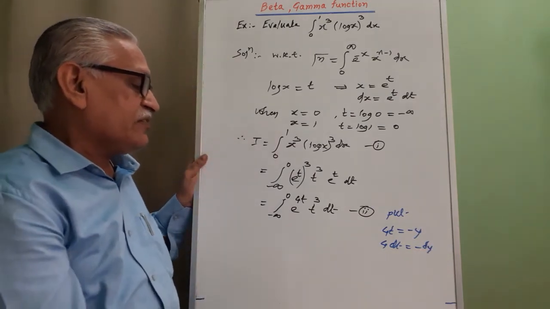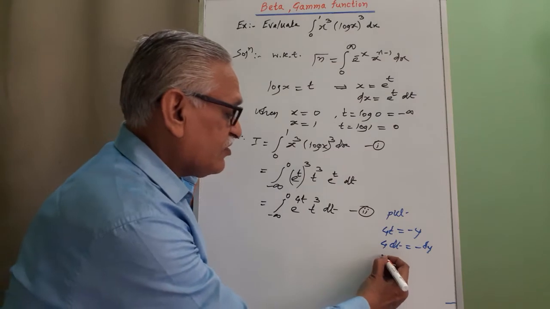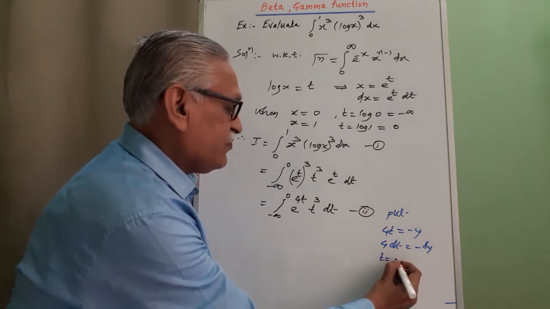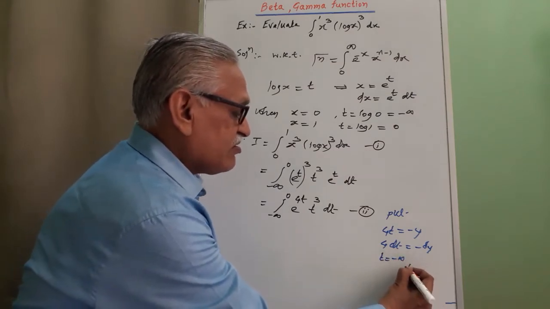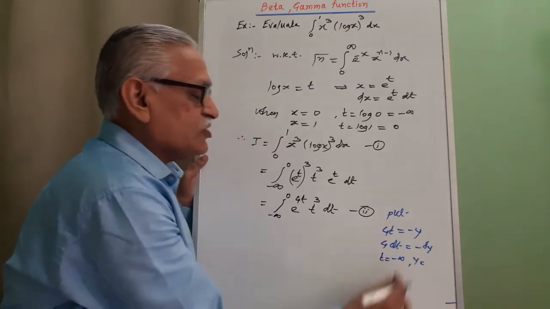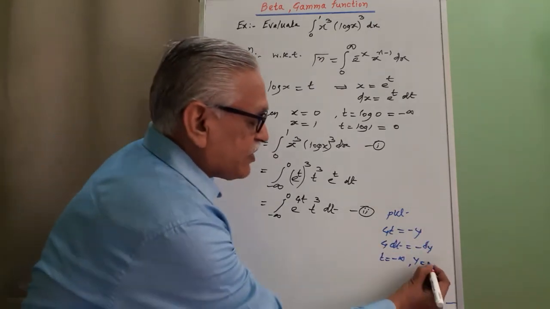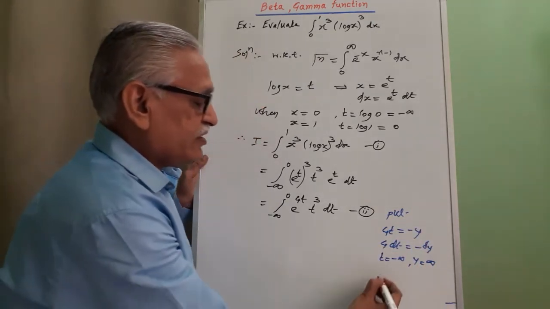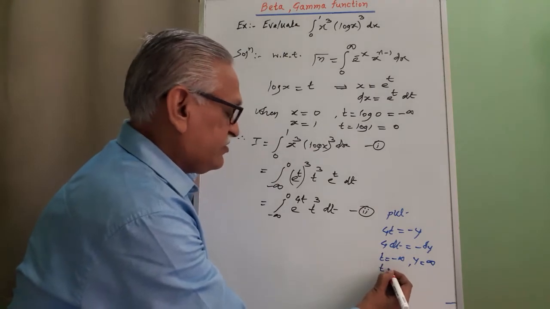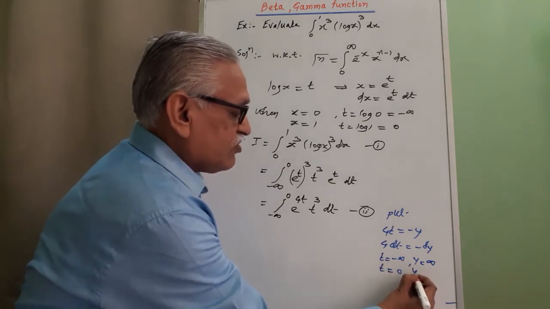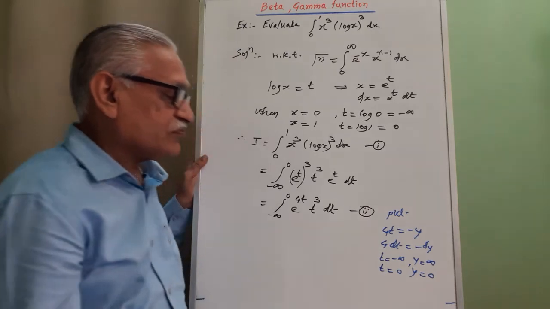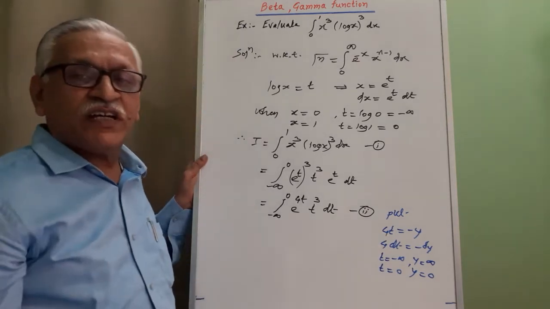New limits: when t is minus infinity, we get y is equal to minus of minus, which becomes plus infinity, and when t is 0, we get y as 0.